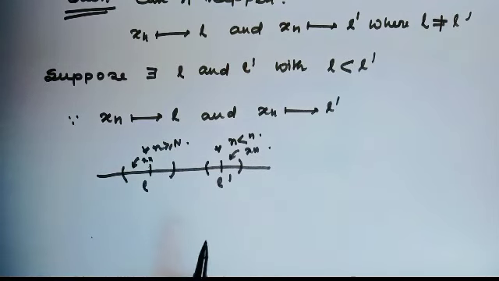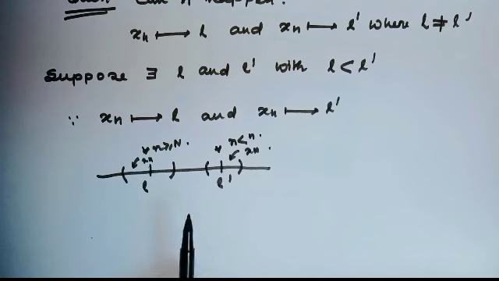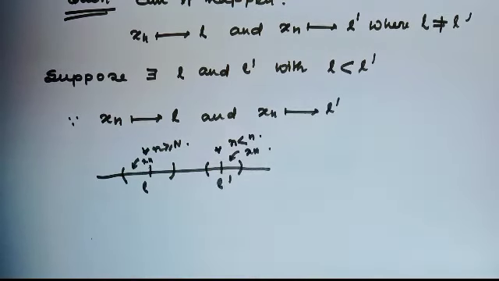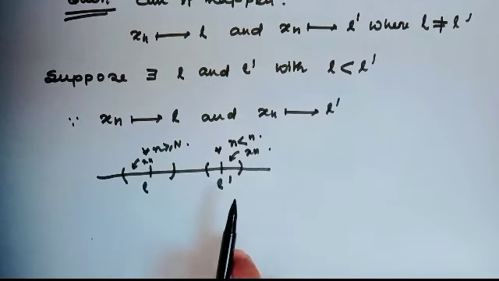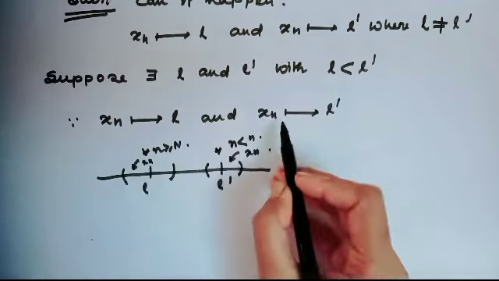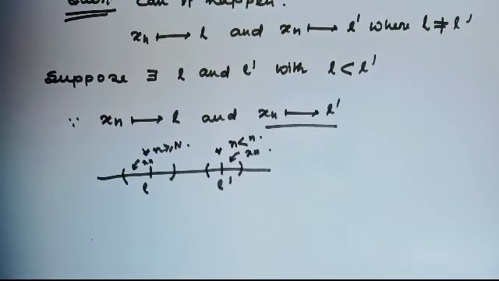But the definition of convergence says whatever interval around the number which you think is going to be the limit, after some stage all the elements of the sequence should be there. But this is not happening with L prime. But I say xn converges to L prime. This is the contradiction.